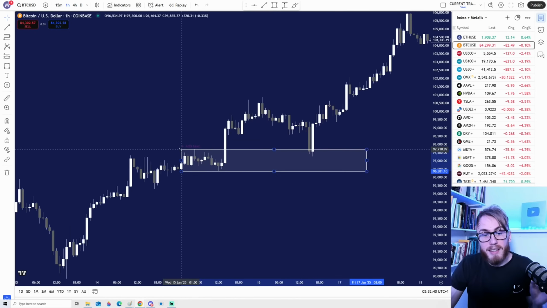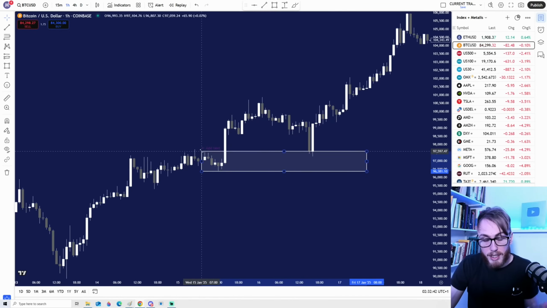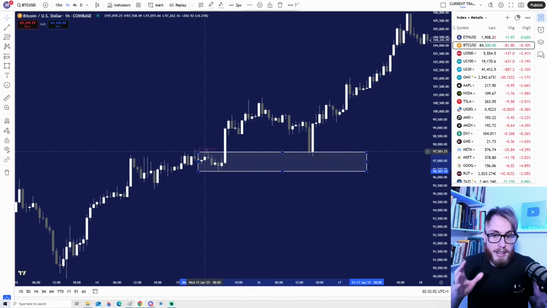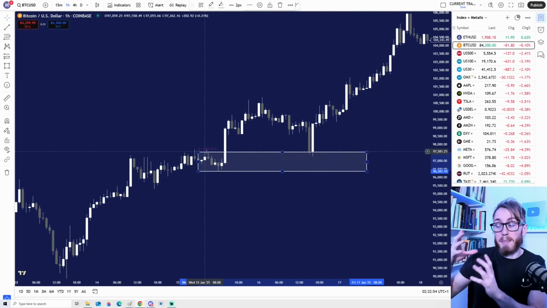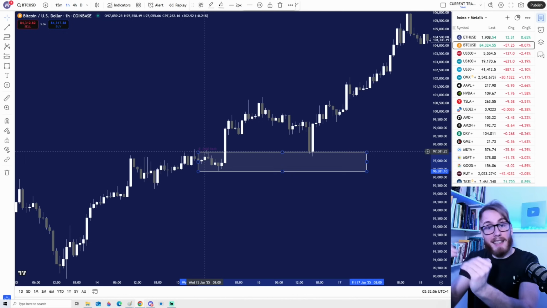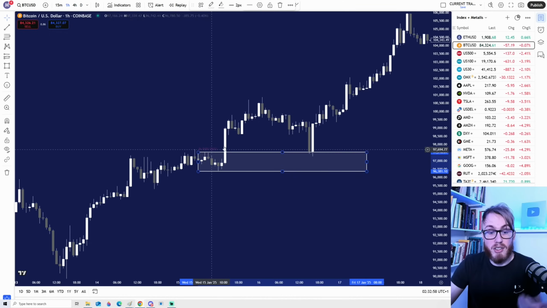But now, and this is very important, and this is also a question I have been getting a lot, and that is, how exactly do we draw these areas? Because these areas are very important. The truth about this is that many traders have slightly different variations on how to exactly draw these areas.